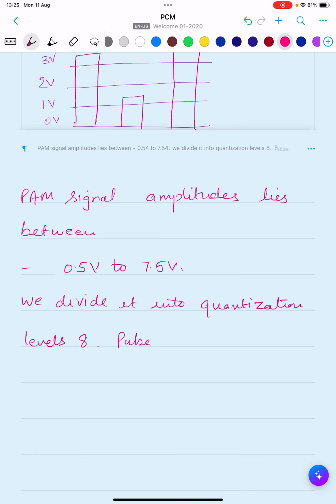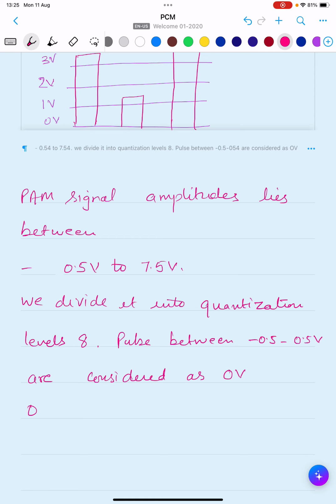Pulses between minus 0.5 to 0.5 volts are considered as 0 volt. Between 0.5 volts to 1.5 volts as 1 volt, and so on.